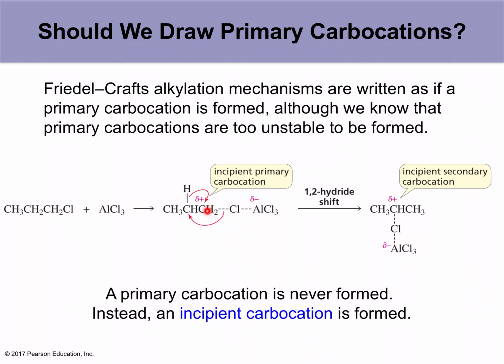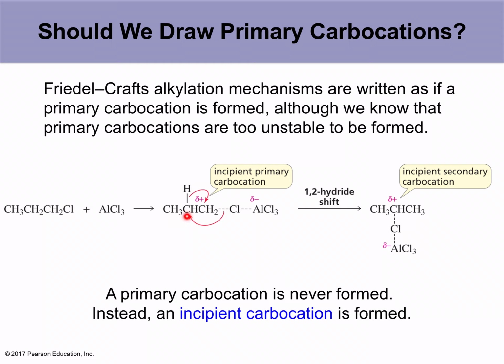And then that generates a secondary carbocation. Since this hydrogen moves to this carbon, the chlorine and carbon bond breaks, and the chlorine is going to form a bond with this secondary carbocation.